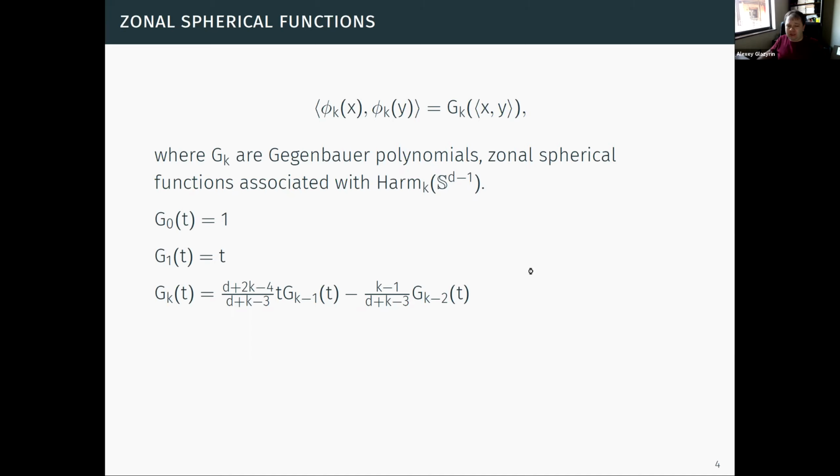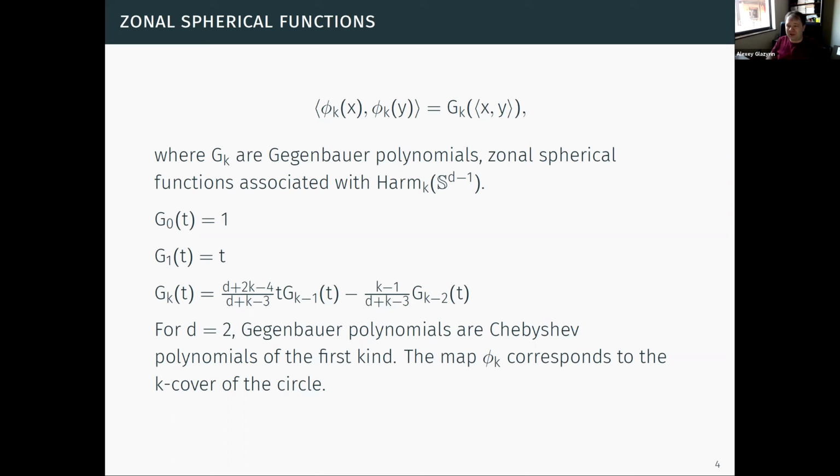We shouldn't think too much about this example because this is the case where the mapping is actually surjective, which is not going to be the case for higher dimensions. In higher dimensions, the sphere of dimension d-1 is going to be mapped to a certain subvariety of a sphere in a higher dimension. So it's going to be a little different.